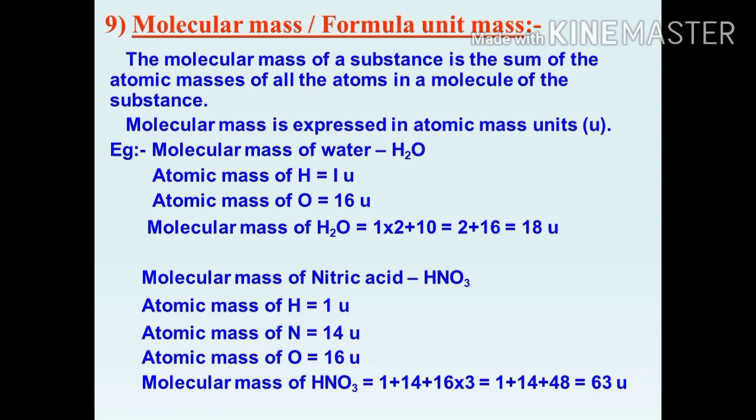First we can calculate the molecular mass of water. What is the chemical formula of water? H2O. First see, the atomic mass of hydrogen is 1, the number of protons and neutrons. The atomic mass of oxygen is 16. What is the molecular mass of H2O?